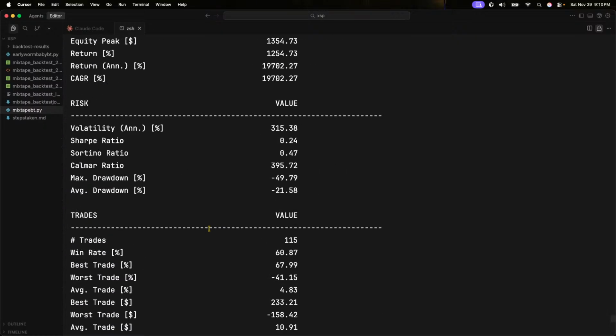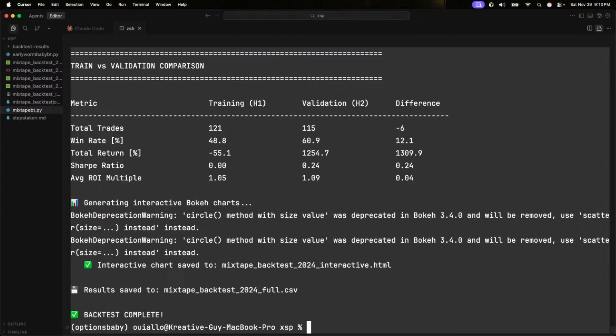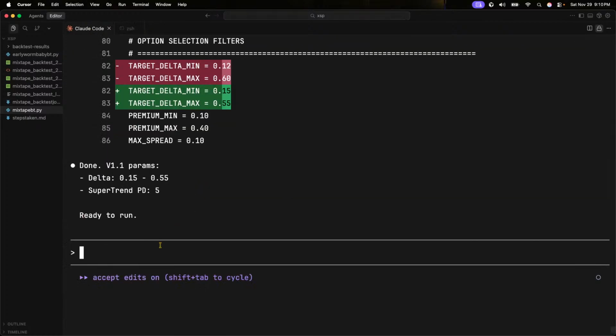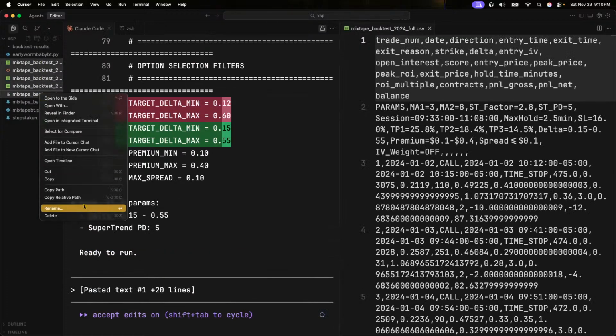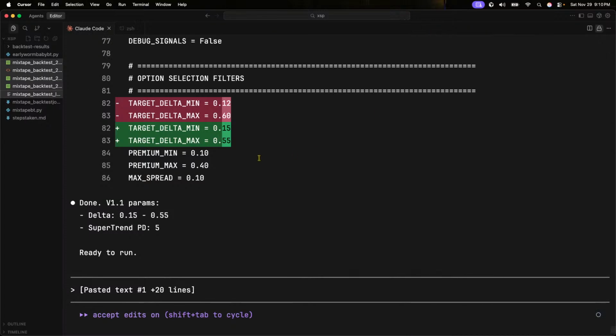So it's okay. We're starting to build legs, right? So what I'm going to do is take this. Let's go back to Claude Code. Let's drop it. And the only thing that I did do, excuse me, was adjust the delta parameter and then the Supertrend, right?